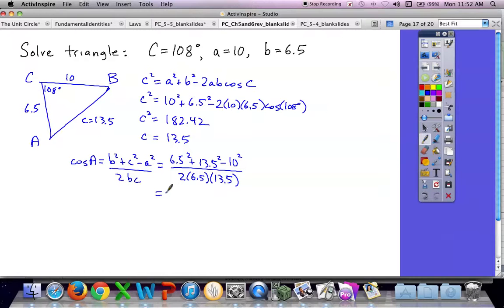So number crunch that. Make sure to use parentheses. I get .7094.